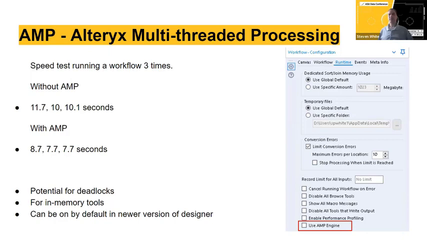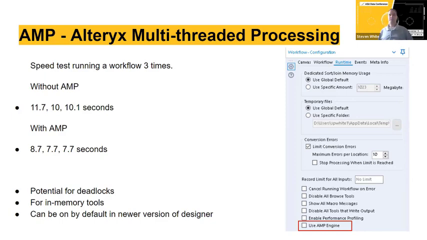This feature essentially attempts to make the workflow go faster by running multiple threads behind the scenes. So it's taking better advantage of the processing power that your workstation has available. Just to get a feel for how helpful this is, I tested a particular workflow that was taking about 10 or 11 seconds to run.